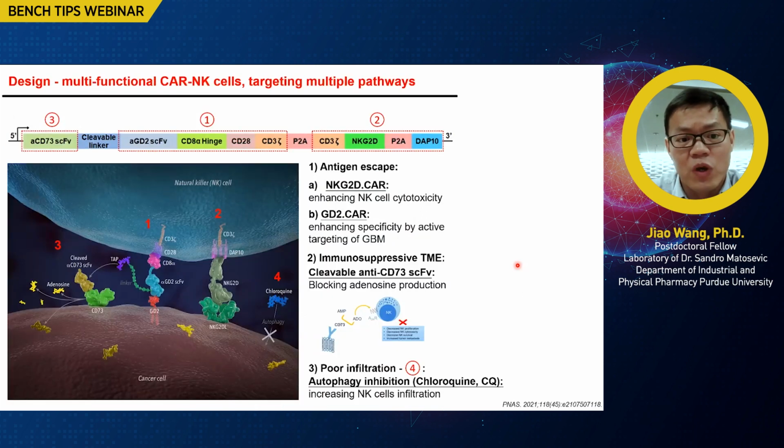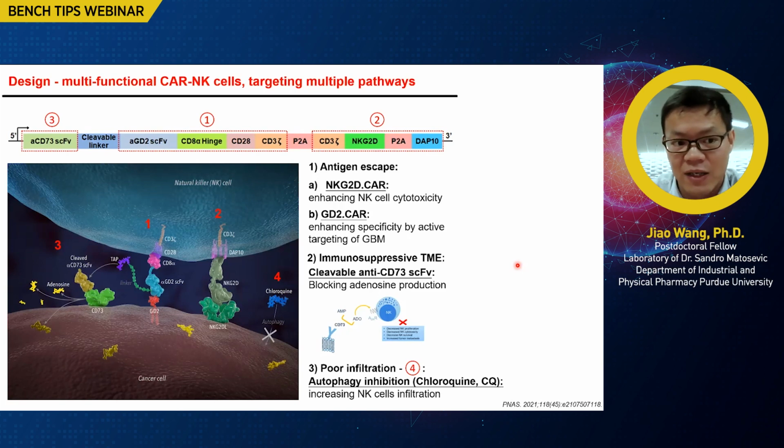We built a multifunctional construct to enable NK cells to express multiple arms, targeting these three different pathways. As shown here, the first part is synthetic chimeric antigen receptors, including GD2 CAR and NKG2D CAR, which enable NK cells to overcome antigen escape.